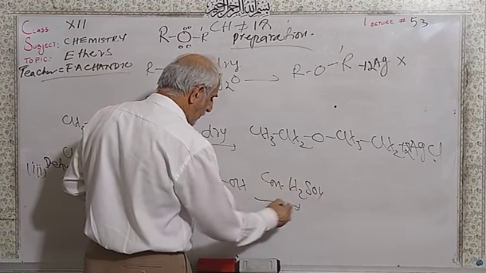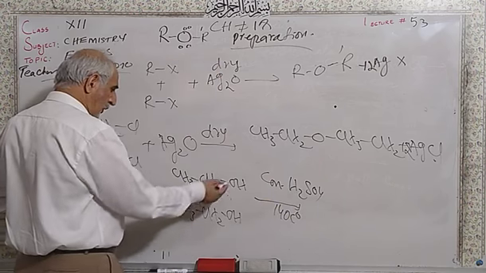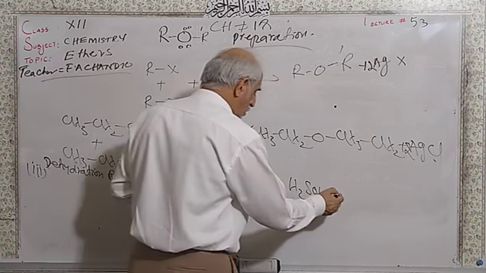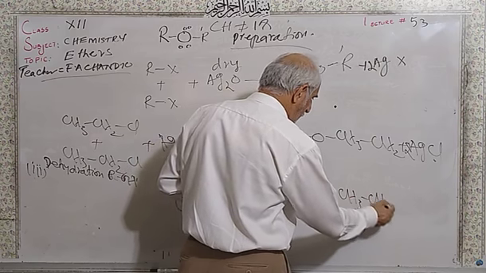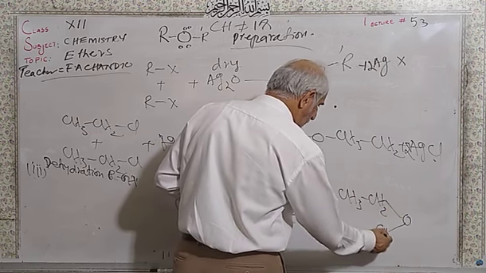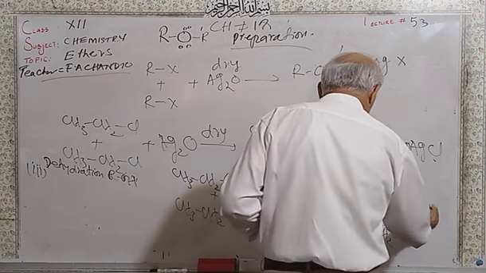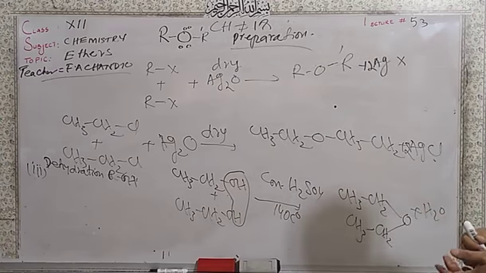Conditions very important: 140 degrees centigrade. So you have to remove hydroxyl group and hydrogen from here. So you will get diethyl ether and water. This is the third method.